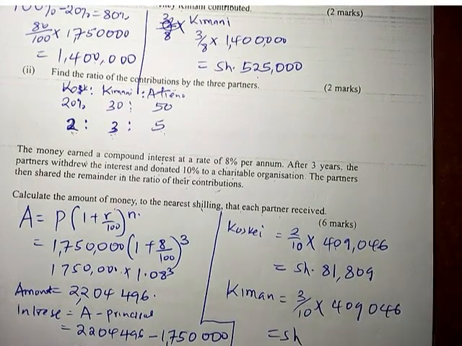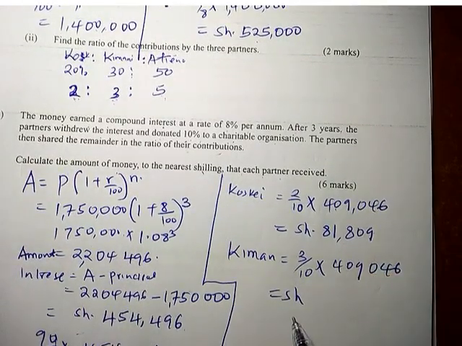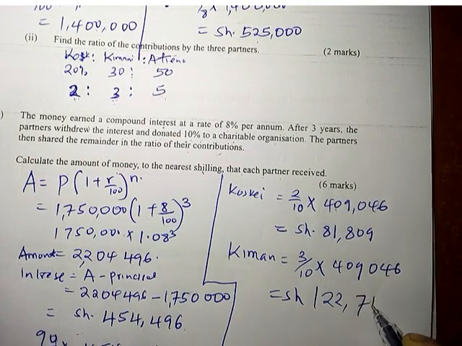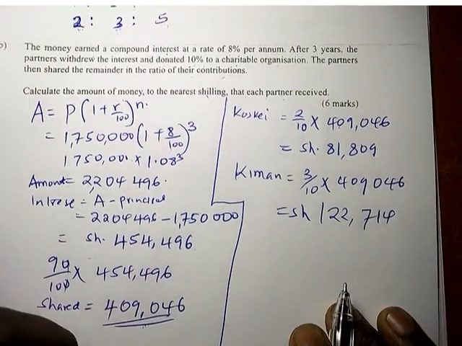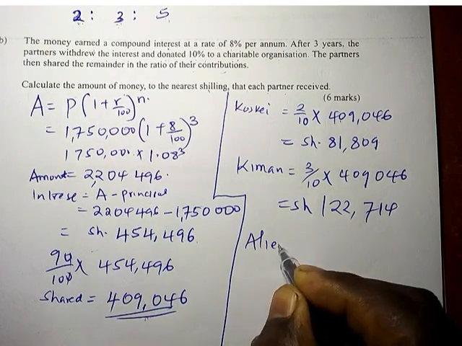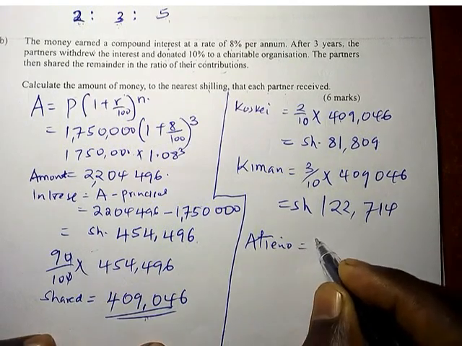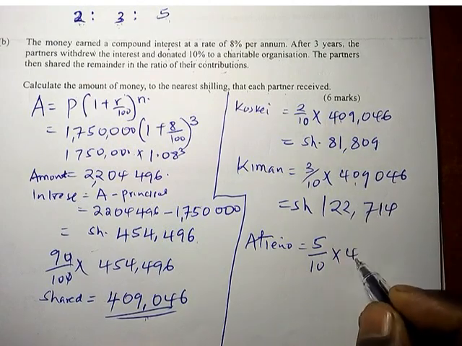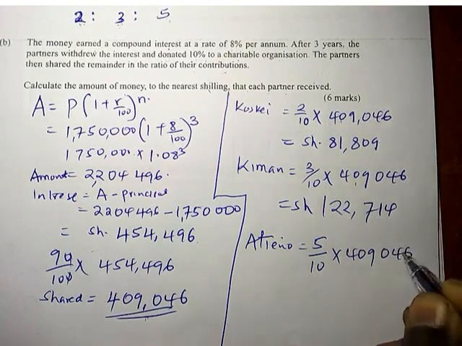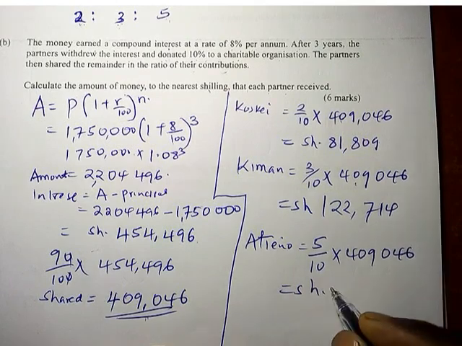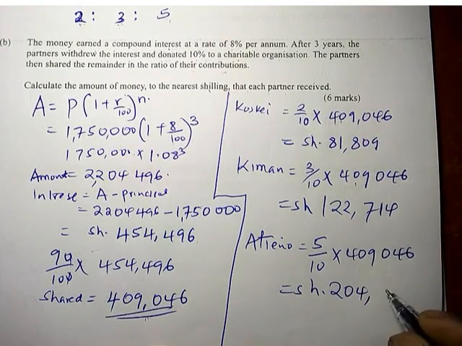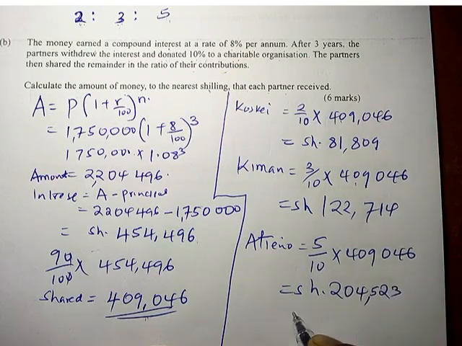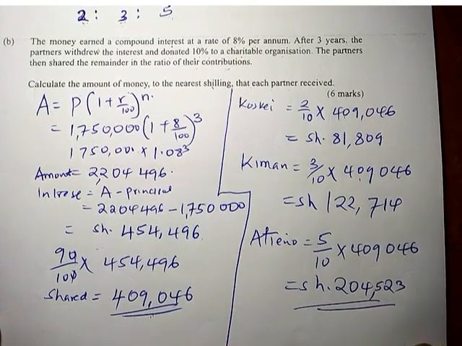That one will give us Kenya shillings 122,714. The last one is Atieno, which is 5/10 times 409,046. That one will give us shillings 204,523.